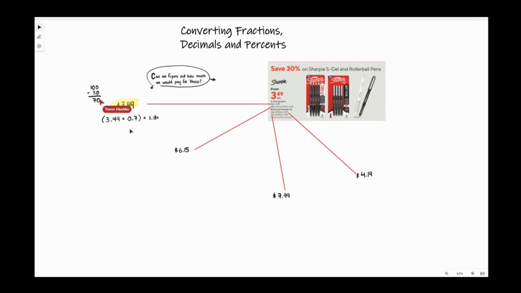So if I find out what 70%, is, it's saving me a step. I could just go 3.49 times decimal 3 to get how much I'm saving, and then I could subtract that from my original price.